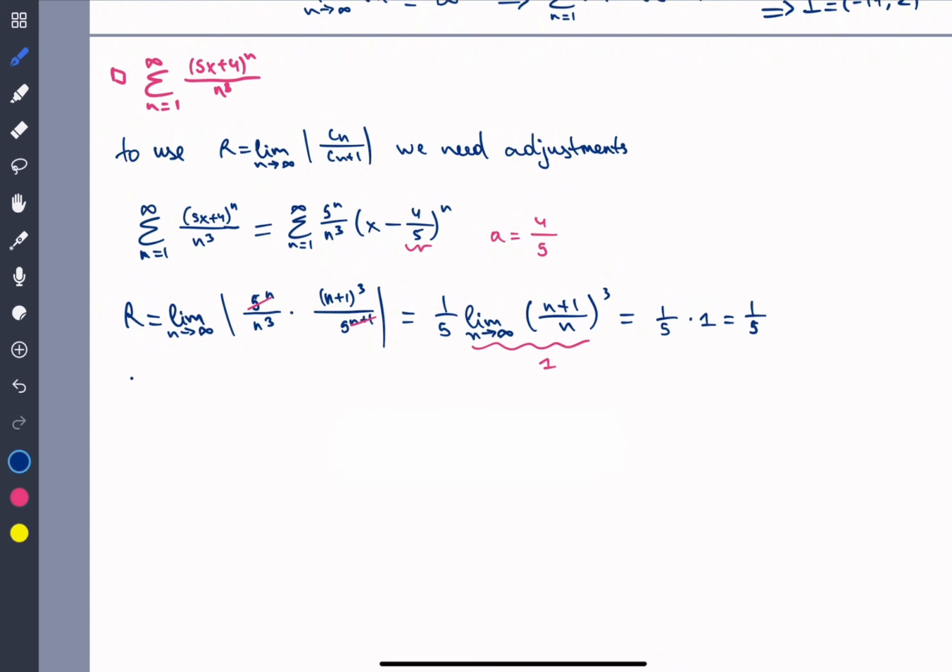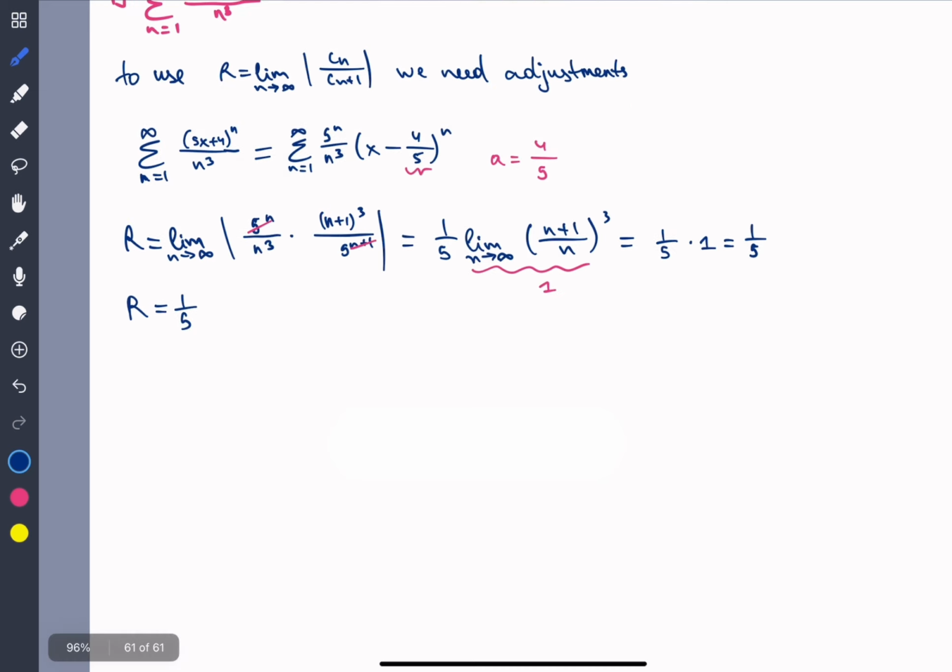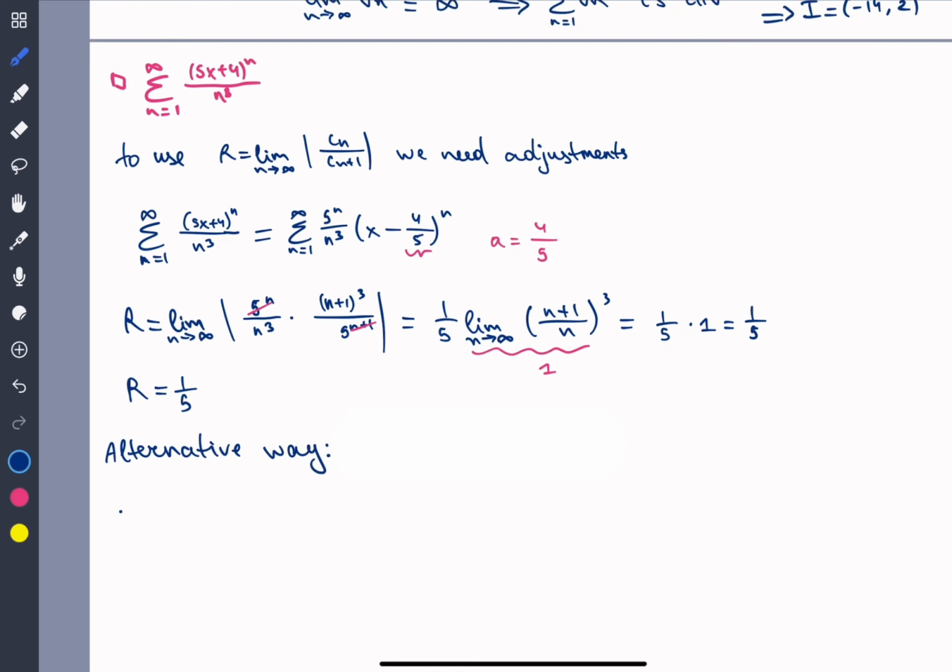The alternative way of doing it is by the ratio test. Here we'll take an additional step, which you'll see by the end of this video. So we have the limit as n tends to infinity of the absolute value of a n plus 1 over a n, which means the whole thing.